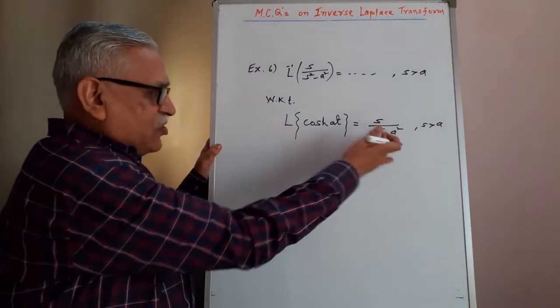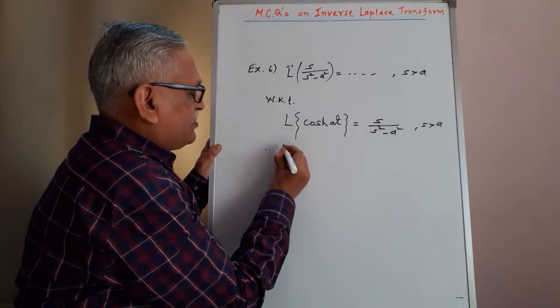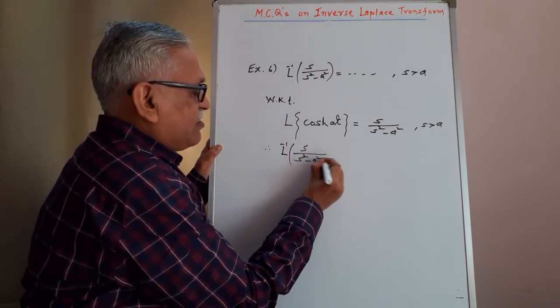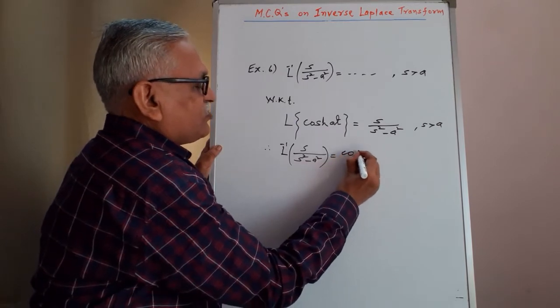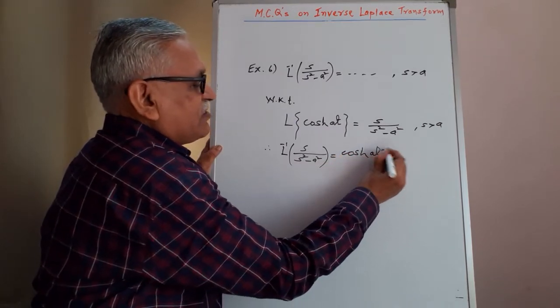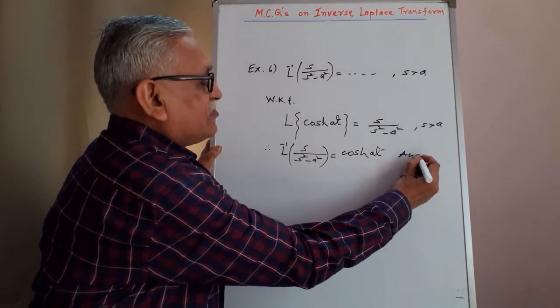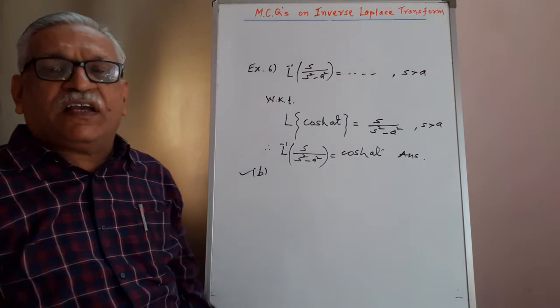Then transferring this to the other side, we get inverse Laplace of s upon s square minus a square as cosh at as the answer. Option B is the correct option.